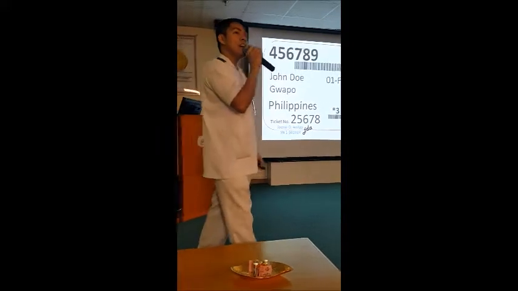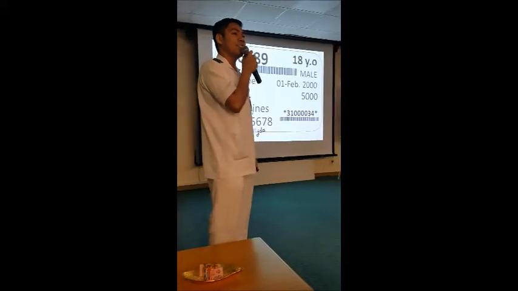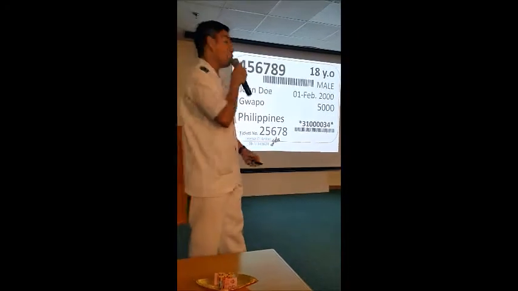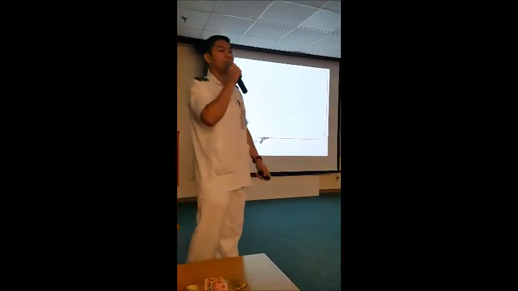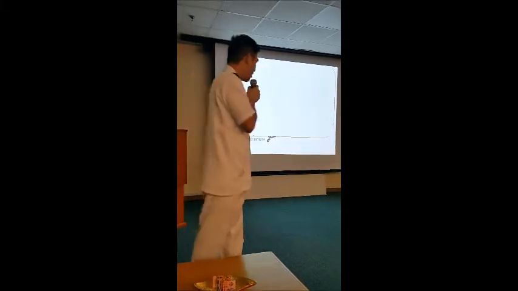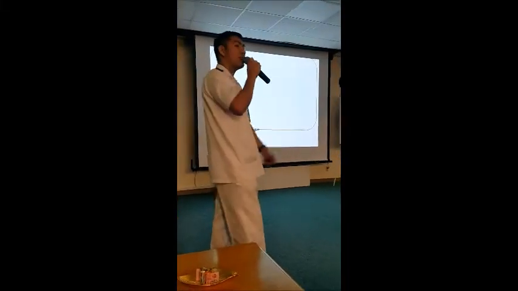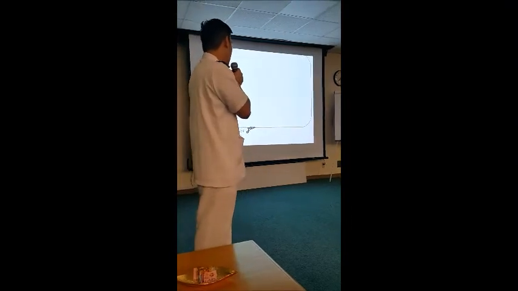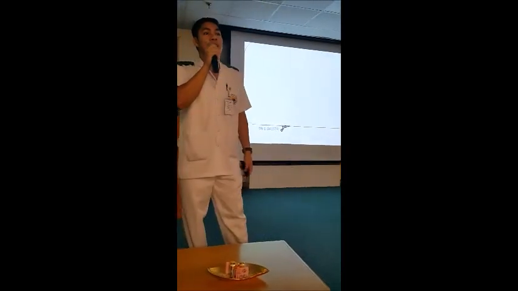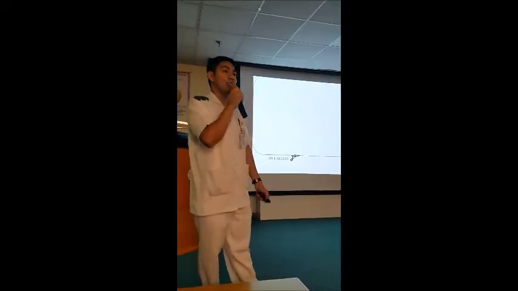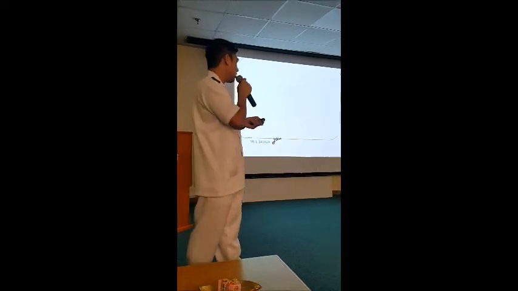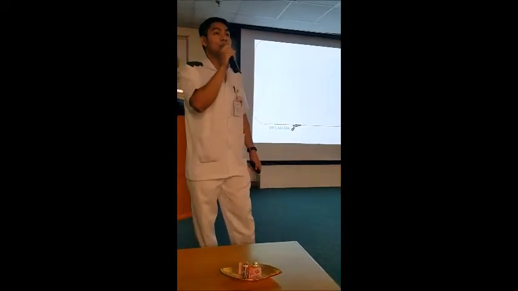Because if you have an enemy in your ward or someone wants to remove the sticker, the ID number is still there. The sticker is still authentic or original. So you will trace that the sticker is being falsified.